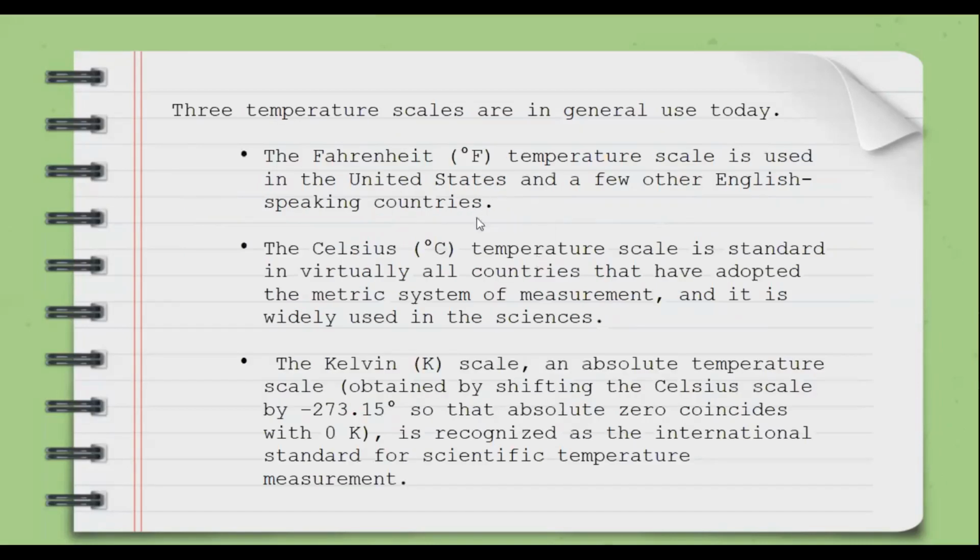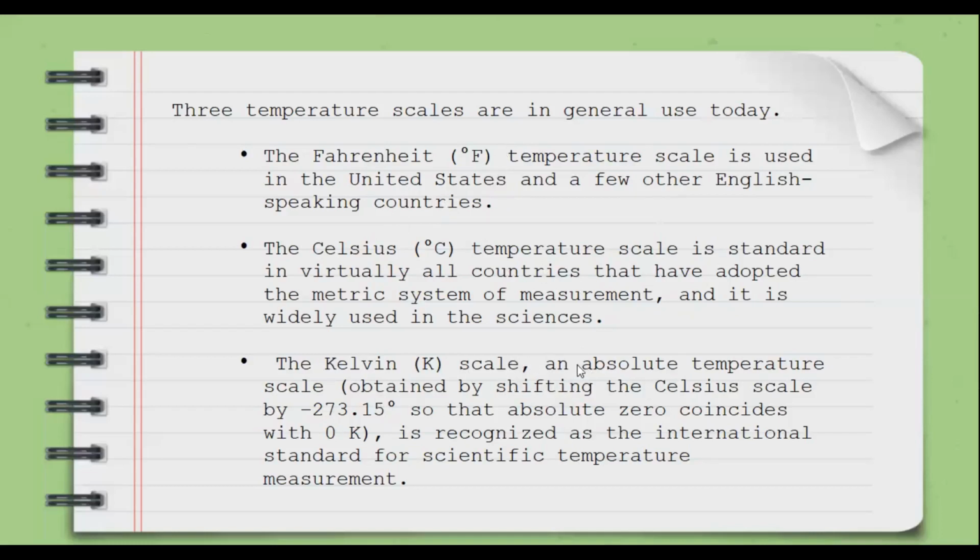Okay, so we also have the 3 temperature scales that are in general use today. The Fahrenheit or degrees F, the Celsius or degrees C, and the Kelvin or K scale.